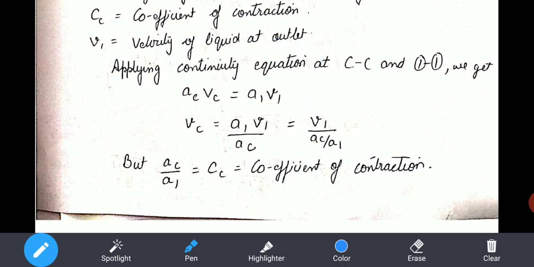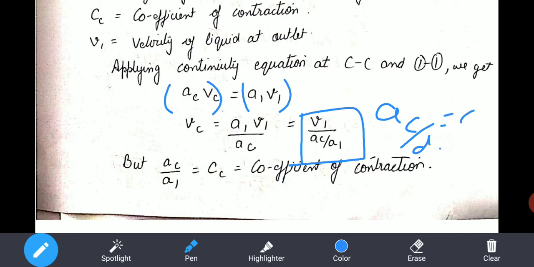At vena contracta the area is AC and velocity is VC, and inside the tank it is A1 and V1. From here we can obtain the value of VC, which is equal to V1 upon AC upon A1. Now AC upon A1 is known to us, which is the coefficient of contraction, because it is the area of jet at vena contracta divided by the area of orifice.